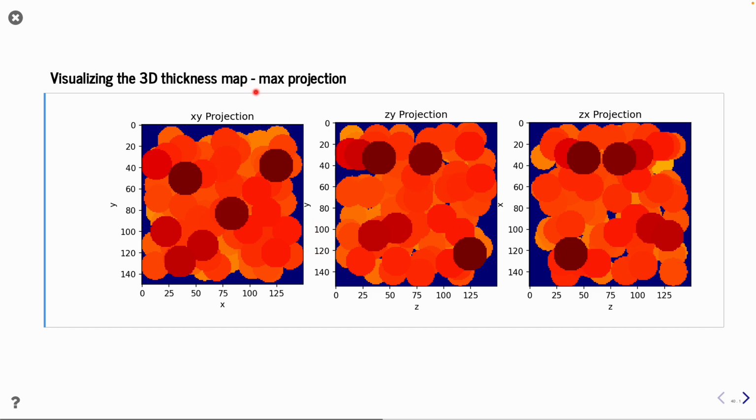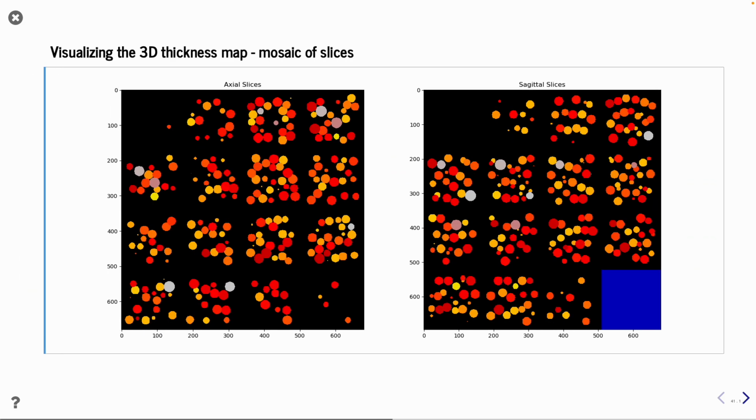So this is a so-called max projection, which is the same as if you look at the image from different planes and take the maximum through that plane. That's a way how you can, in principle, quickly show distributions of a 3D object in 2D. And here we have the different planes.